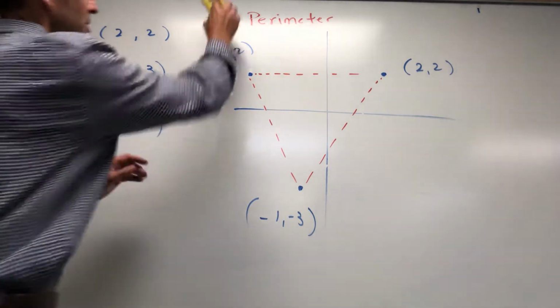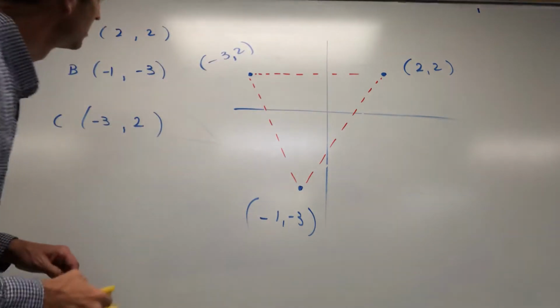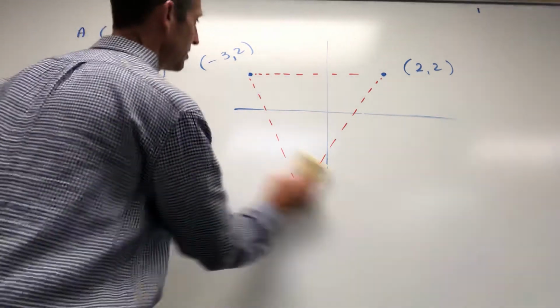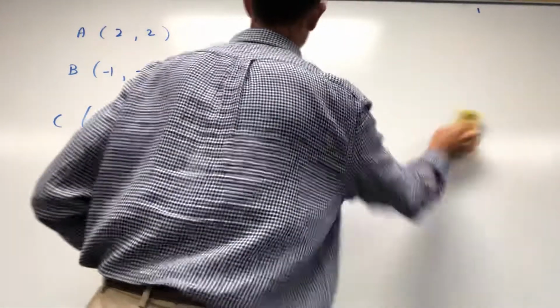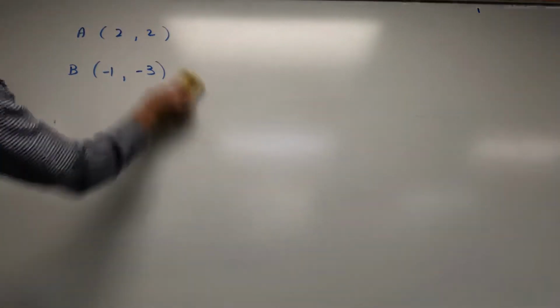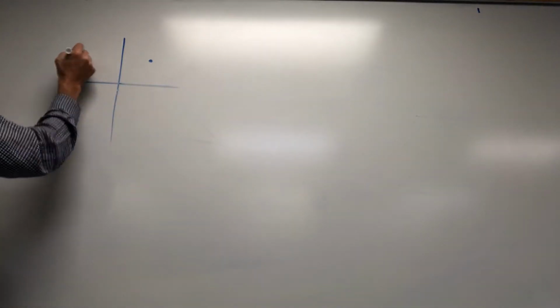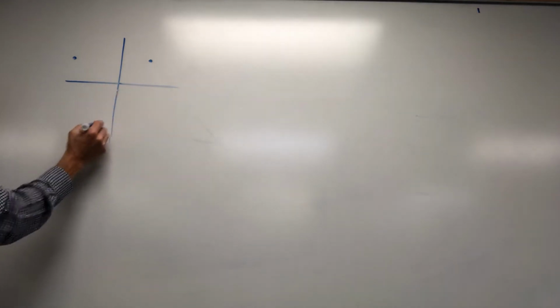All right, where can I fit this in at? Might have to erase up here. Okay, let's see here. Let's just get this out of the way. And I'll move it. I'll just do another one over here real quick that's a little bit easier to work with. So we had (2, 2), (-3, 2), (-1, -3).